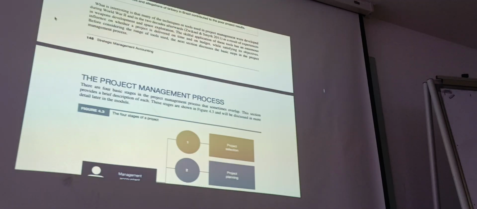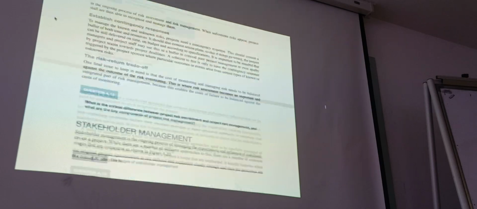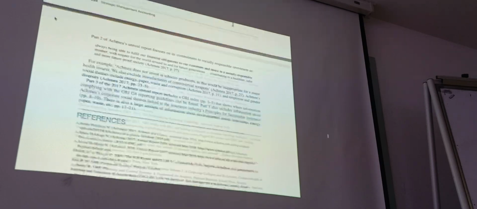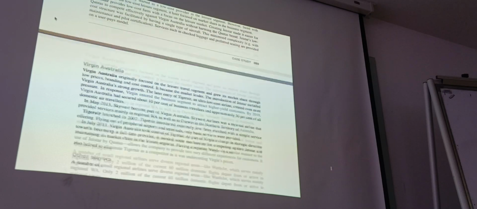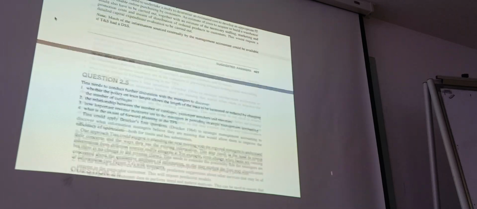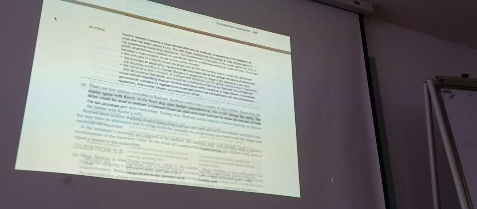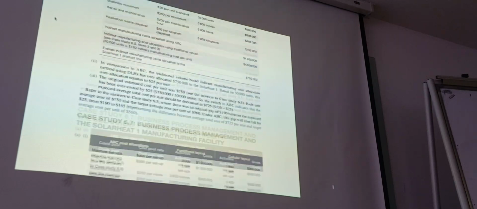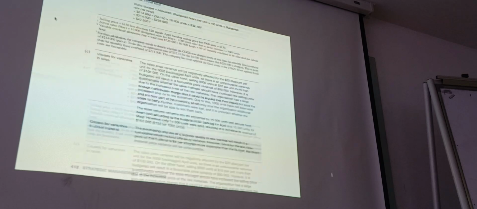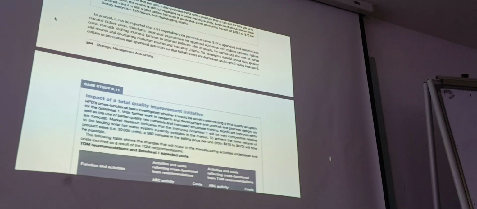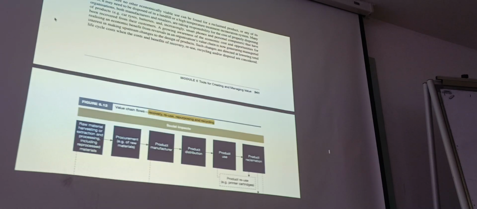Where's the other diagram? This is a diagram. You know the page now, guys? The page for the major diagram for product life cycle. You know what that is? That one. There.